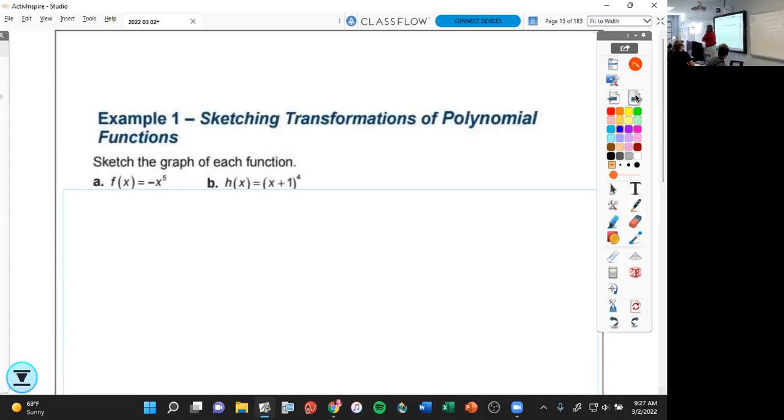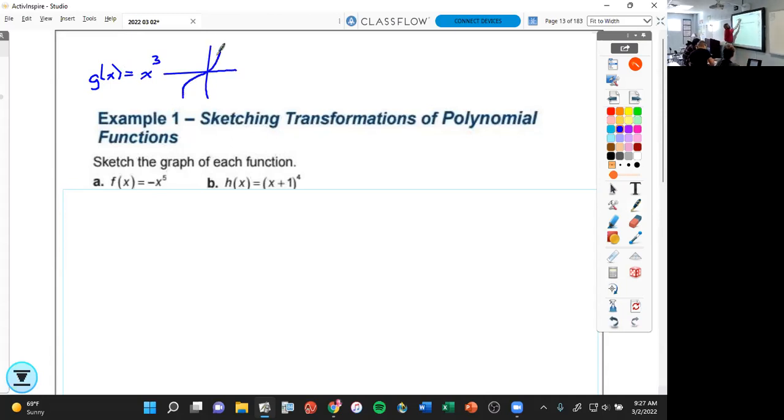So what do you think negative x to the fifth is going to look like? Why is it decreasing? If we think about g of x being the parent function of x cubed, we know that graph looks something like that.